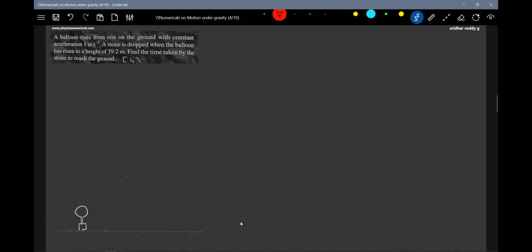Okay, here is the stone, which is attached to it. Let's have this assumption. And the acceleration of the balloon, AB, I'll write it, that is 1 meter per second squared. It is going to accelerate, the balloon. Somewhere when the balloon has risen to height h, here the stone will be dropped from it.